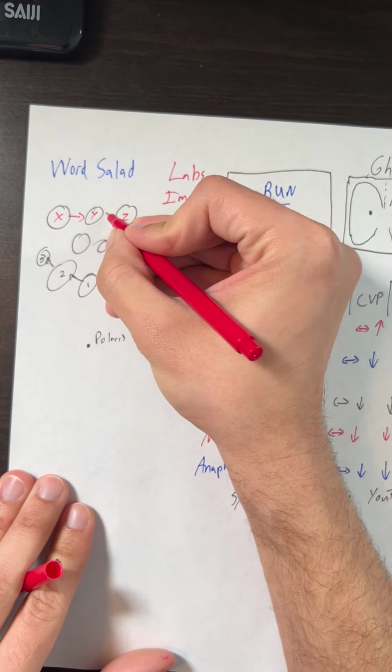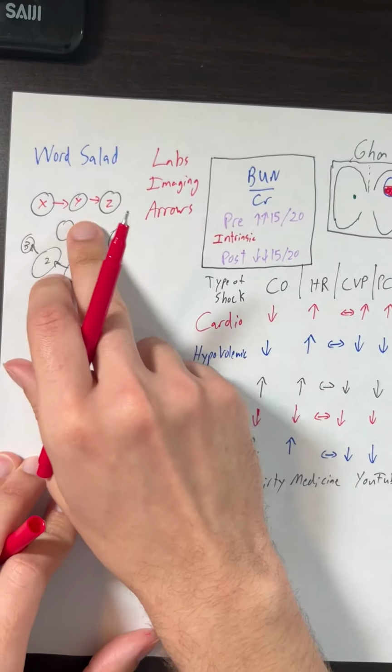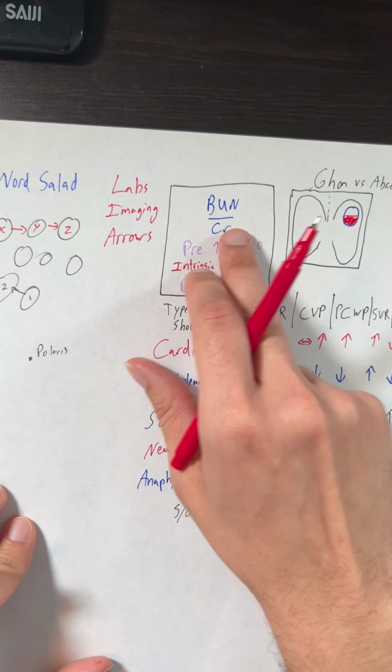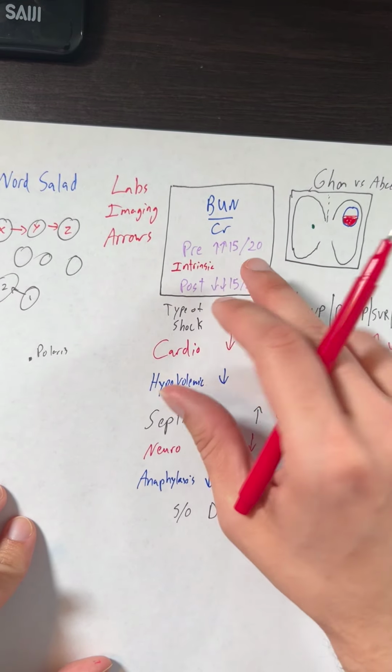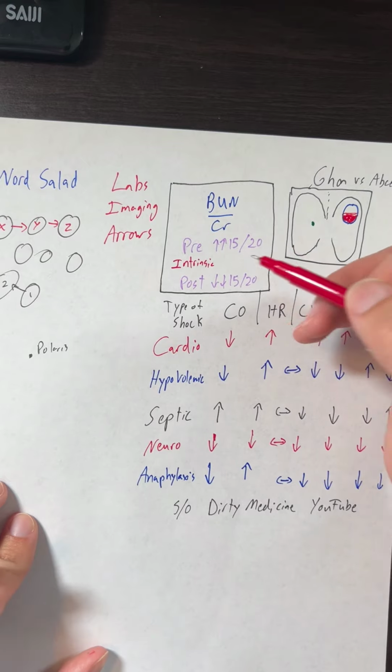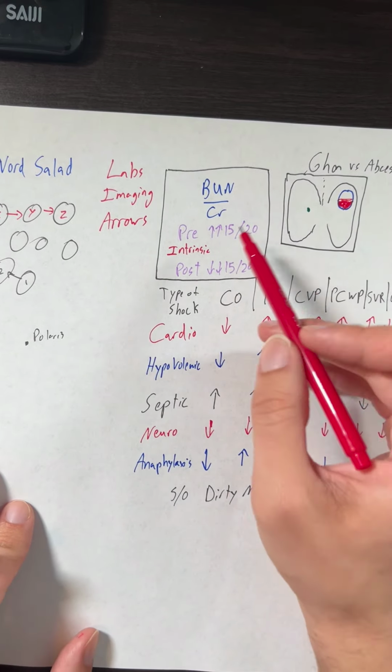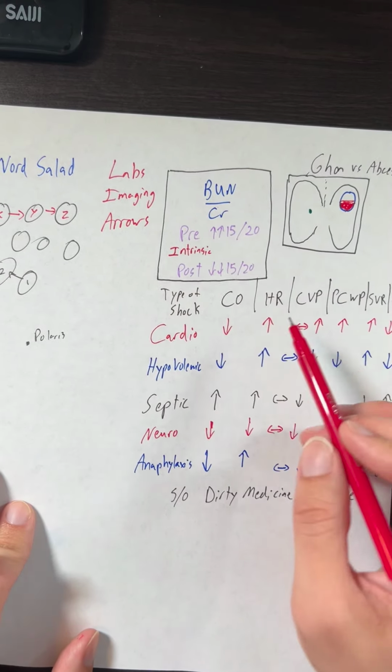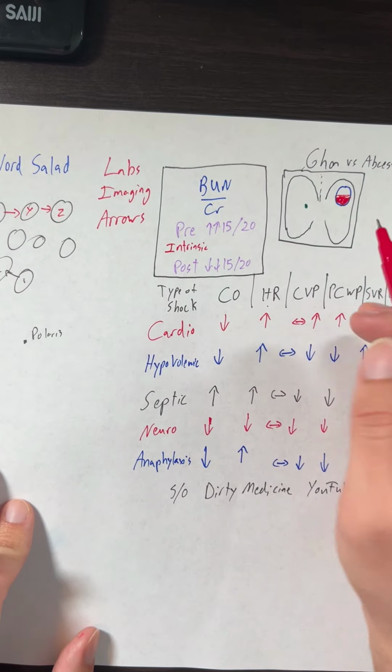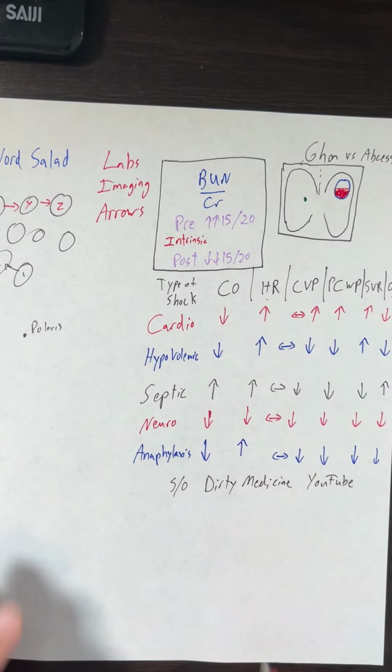And if you know what it is that you're looking for, like in an x-ray, or if you look at the BUN to creatinine ratio, or if they give you that, they're trying to clue you into something. But it's up to you to decide, okay, this number is important, I need to look at this. Or, oh, I need to look at the heart rate, oh, I need to look at this lung abscess, I need to do XYZ in order to work up this patient and to help this patient.